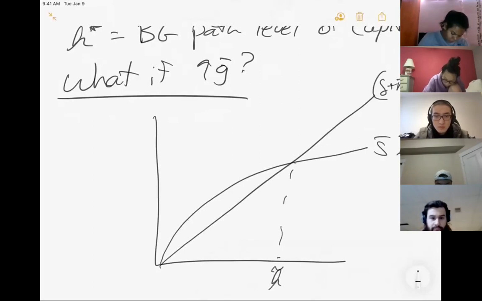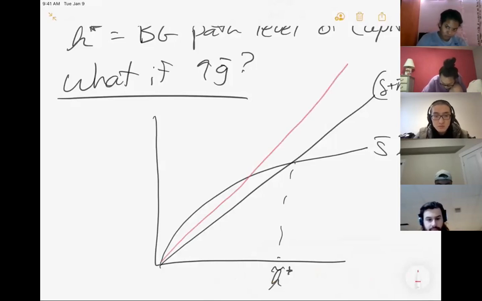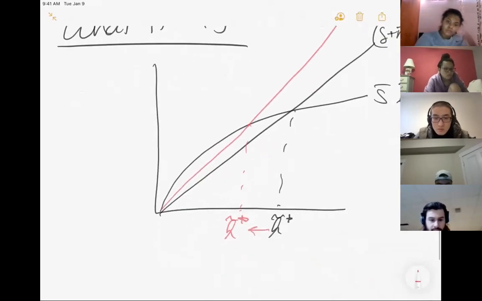Okay. So what if G bar goes up? You're right, Chase. Actually, what happens if G bar goes up, this gets steeper. And it appears that our balanced growth path goes down, right?